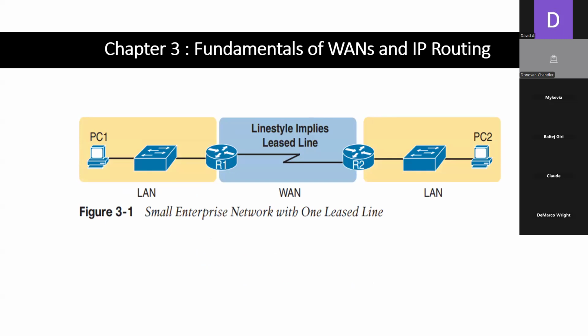You see figure 3-1. It's showing you a small enterprise network with one leased line, right? So for a local area network or LAN to connect to the internet, it needs to use a wide area network.